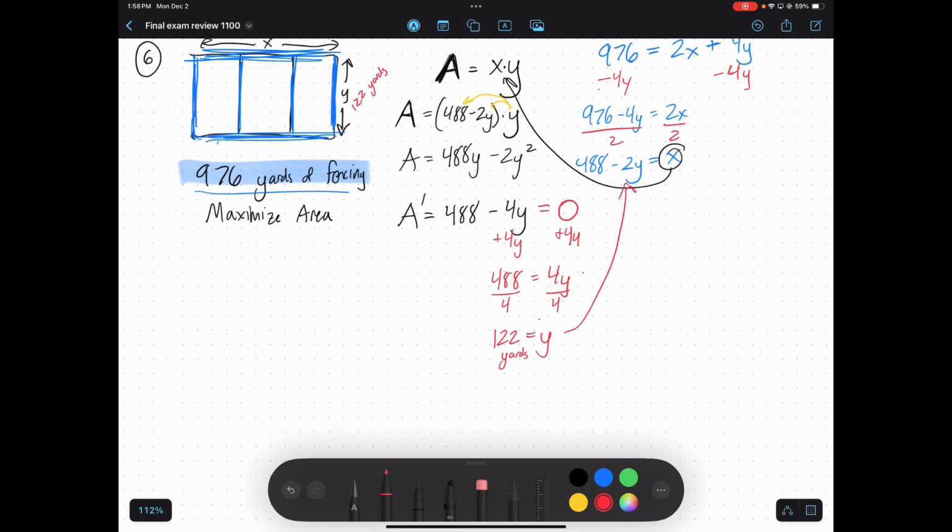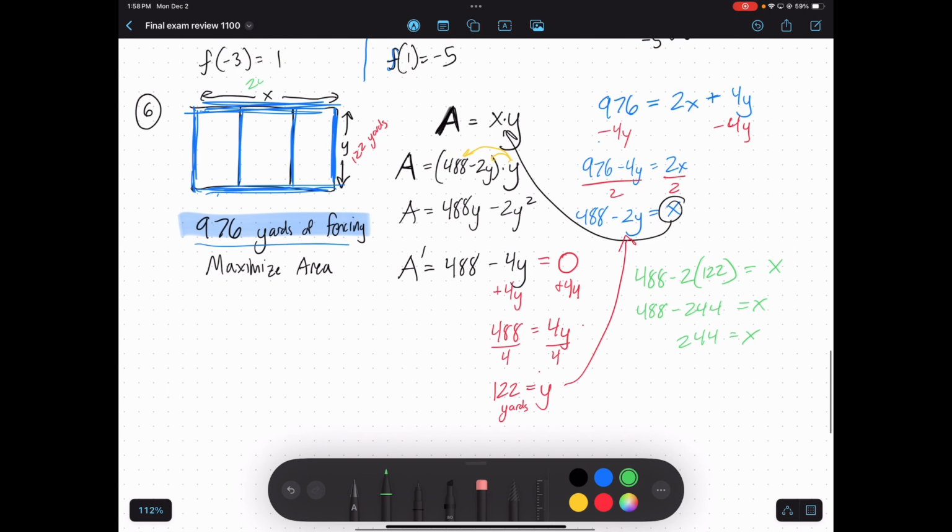So I get 488 minus 2 times 122. 122 is a y value, so I'll plug that in for y, and that'll let me solve for x. So 488 minus 244 equals x, so that gives me 244 equals my x. So this distance was 244 yards.